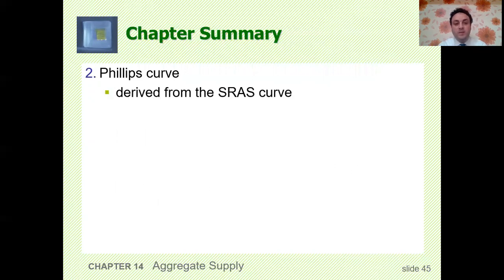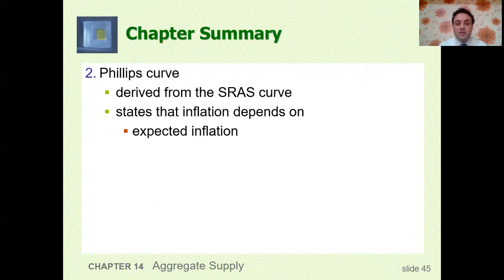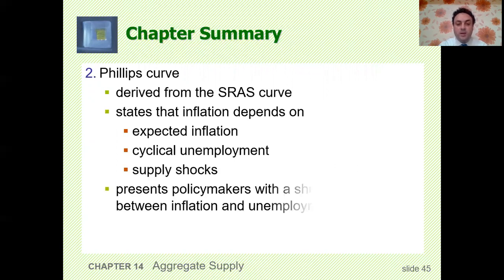Also, we talked about the Phillips curve, derived from the short-run aggregate supply curve, which states that inflation depends on the expected inflation, cyclical unemployment, and the supply shocks, and presents policymakers with a short-run trade-off between inflation and unemployment.